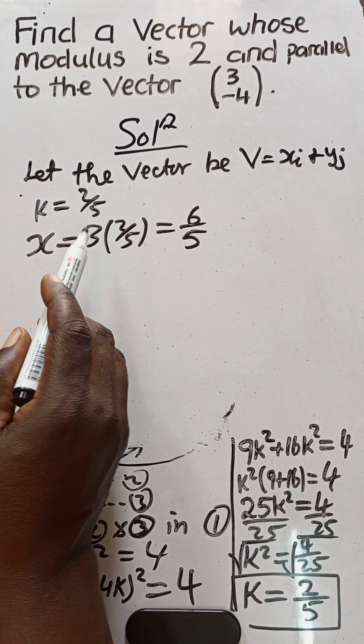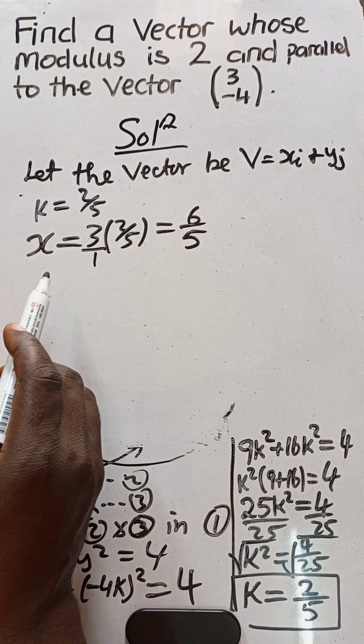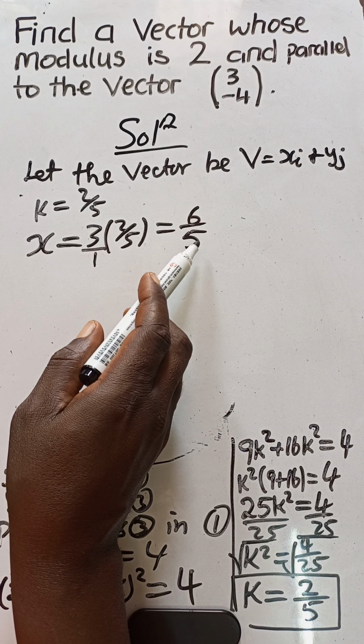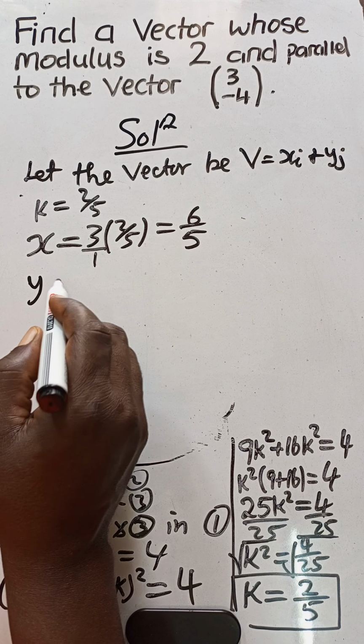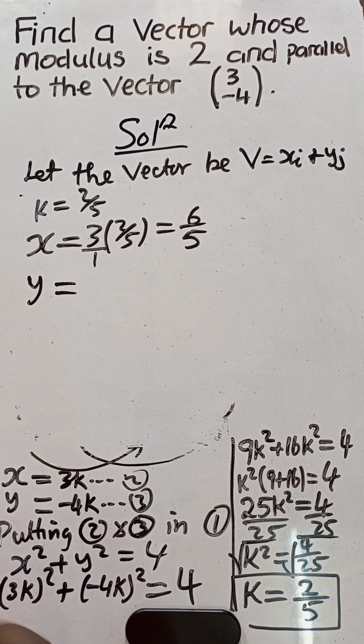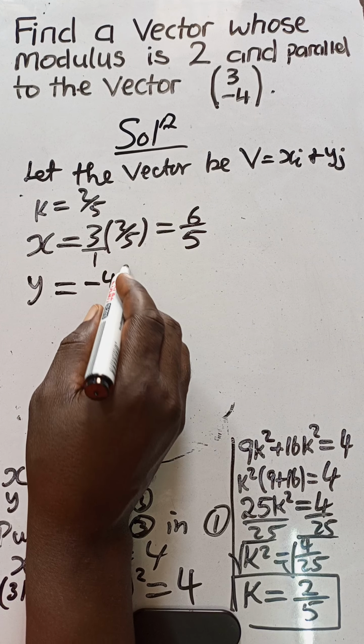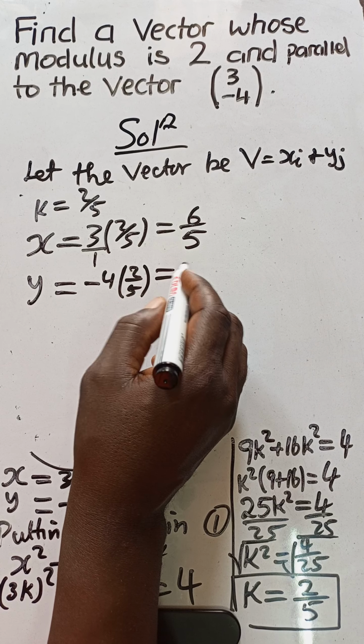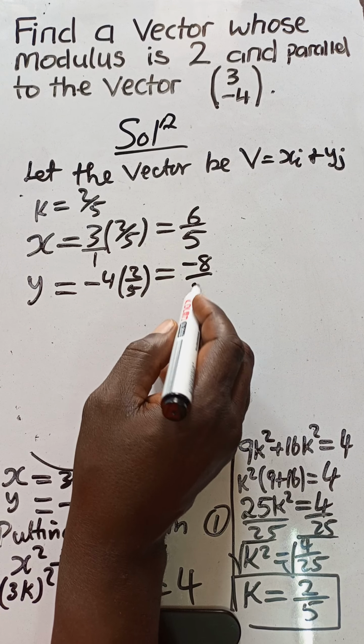This is a fraction. We can make this one also a fraction so that we see numerator go with numerator, denominator go with denominator. And then now y is negative 4 into 2/5. That should give us negative 8 all over 5.